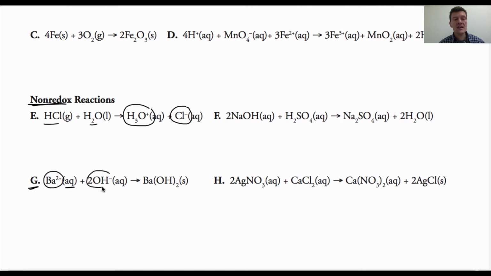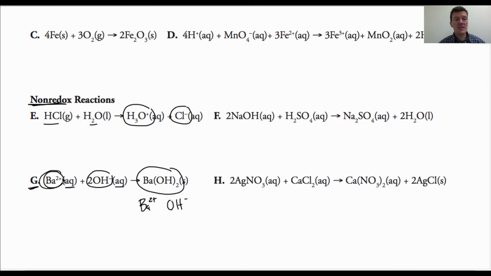Here's a hydroxide ion, also in aqueous solution. And when the reaction occurs, you have an ionic compound. Well, how is that ionic compound formed? It's because Ba has a 2+ charge, OH, the hydroxide ion, has a -1 charge, and you need 2 hydroxides to bond with the 1 barium to make a neutral compound.